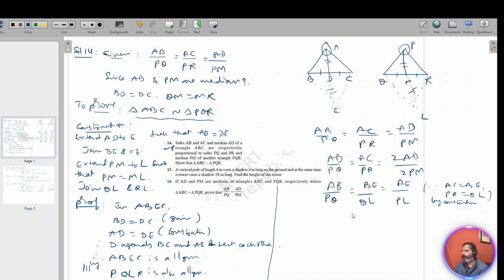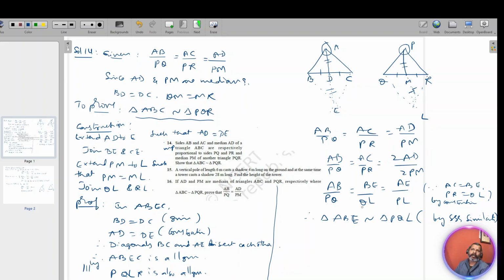Very important. So ABE and PQL are similar by SSS similarity.